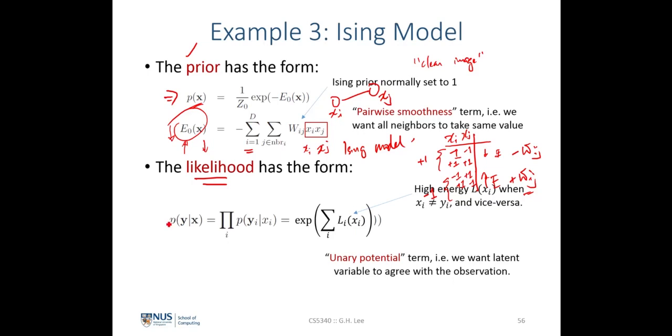Hence we need to enforce the likelihood terms, which are also given by this equation in the Gibbs energy distribution. We can say that this particular L1 takes a similar form as E0, where we want a high energy value when they are not the same state, and a low energy value when they take the same state, as shown by this table.